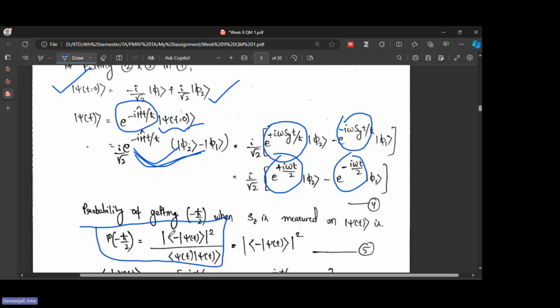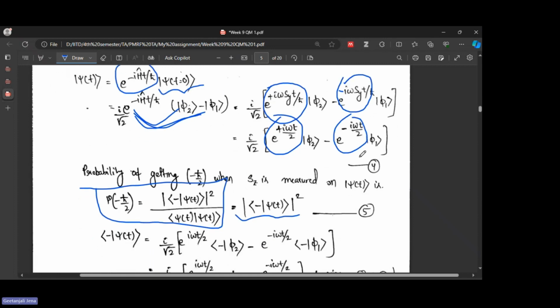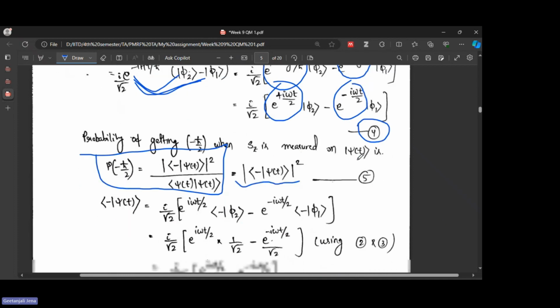I have taken the inner product of the minus state with the final state psi t, squared, divided by the inner product of psi t with itself. Since psi t is normalized, the denominator is 1. So what you are left with is the mod square of the inner product of the minus state with psi t.